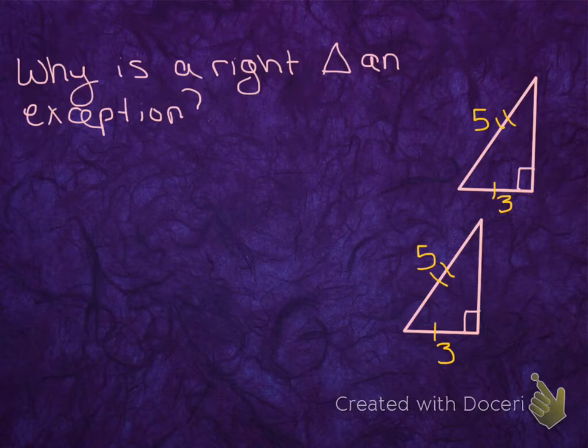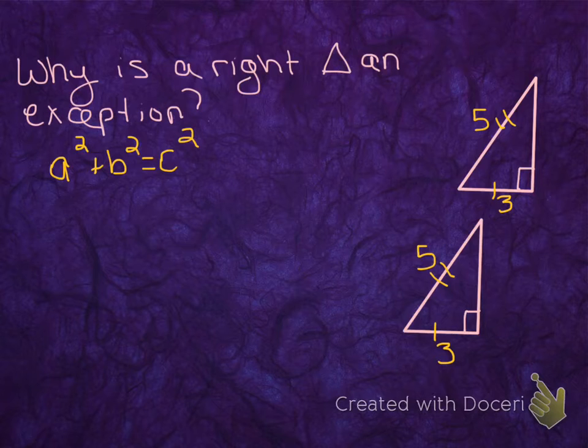Since I'm saying that this is enough information to prove congruence, the reason for that is something that you've learned before. So you should recognize what I'm starting to write. That is, in fact, our good friend, the Pythagorean theorem.